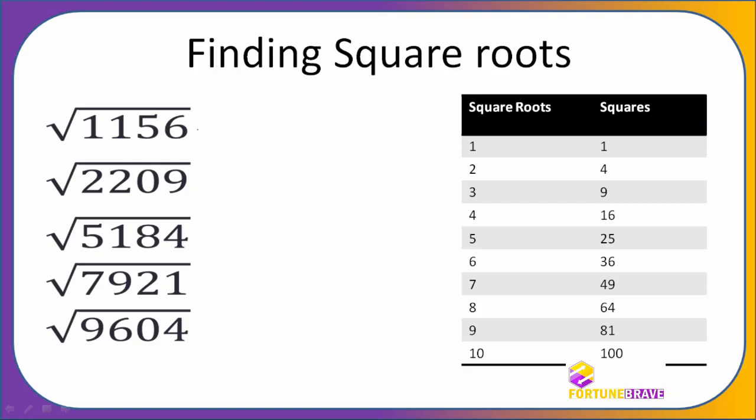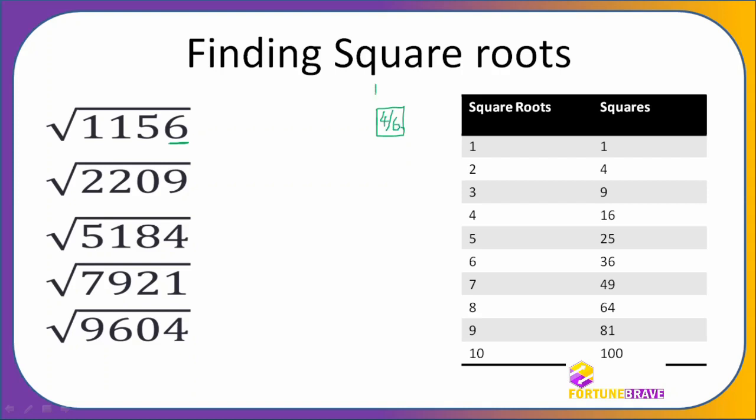So what I'm going to do, 1156 is the number. What is the last digit? The last digit is 6, the unit digit. If the square's last digit is 6, then what last digit should the square root have? The last digit of the square root should be either 4 or 6.